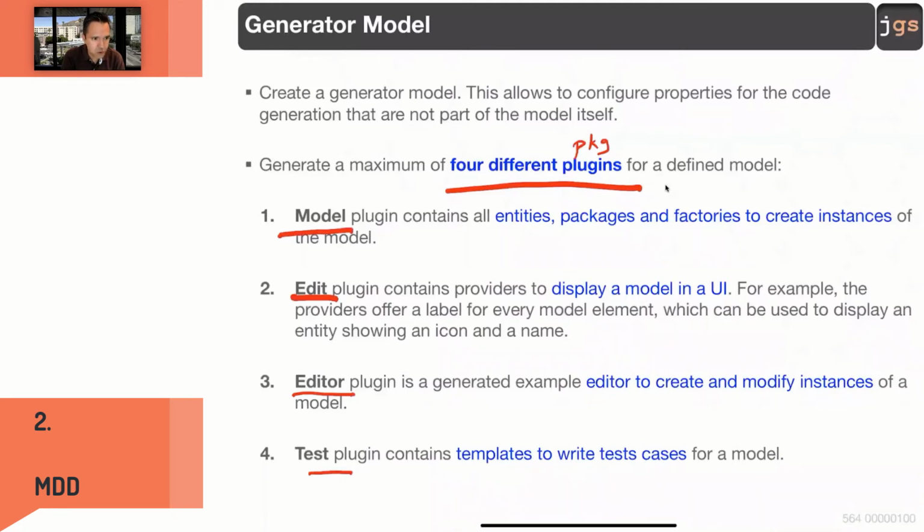Yeah, the tool is going to create unit test cases for your classes. Edit and editor look like graphical user interfaces. Yes, places to edit and places to show your data. Two packages for that. You are going to be able to take a look.